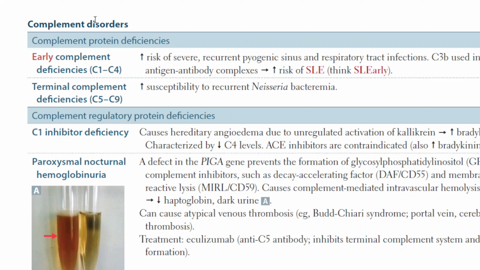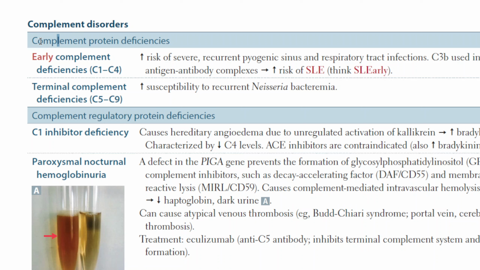So we can read now about the complement disorders. We have two types of complement disorder: the complement protein deficiencies, and the complement regulatory protein deficiencies too, when they're too low or too high.